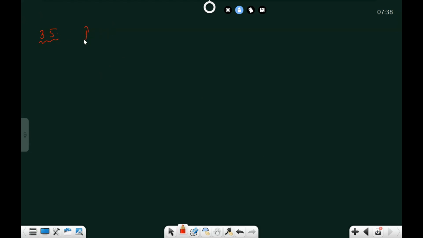Okay, the question is I is equal to integration of sine power 4x minus cos power 4x divided by sine square x cos square x. Just write sine square x into cos square x dx.